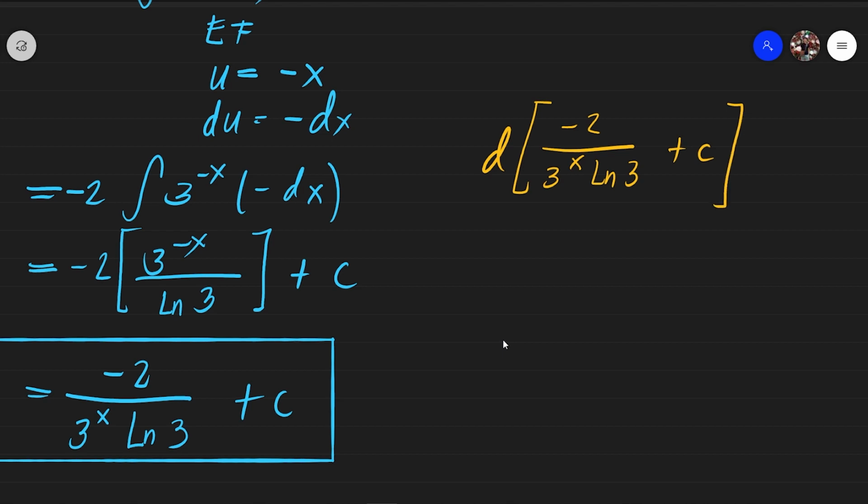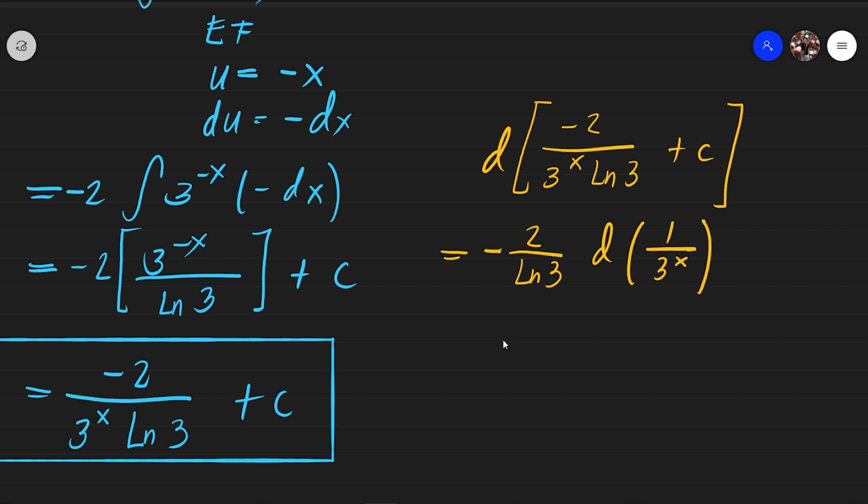So this will be equal to, let me put -2 over ln 3. -2 and ln 3 are constant, so I can put them outside of the differential. So this will be -2 all over ln 3, and you'll be left with the differential of 1 over 3 raised to x.